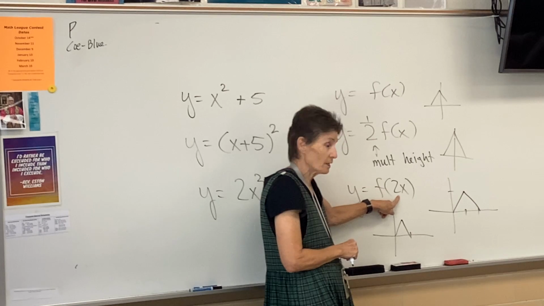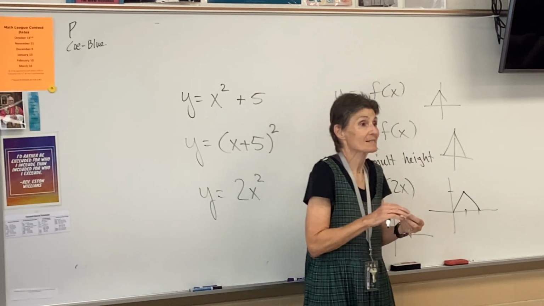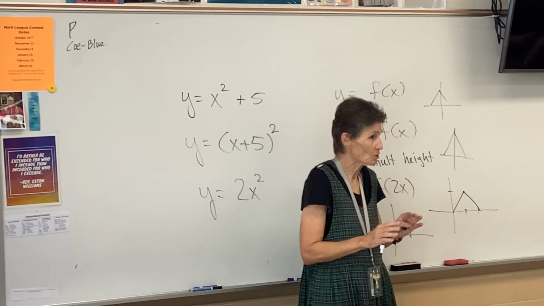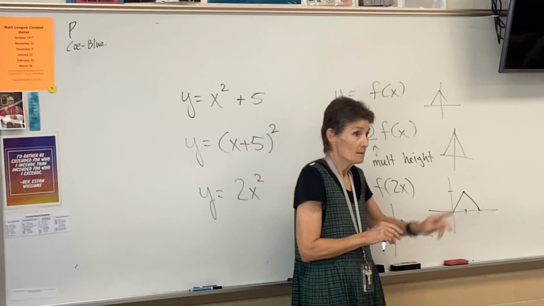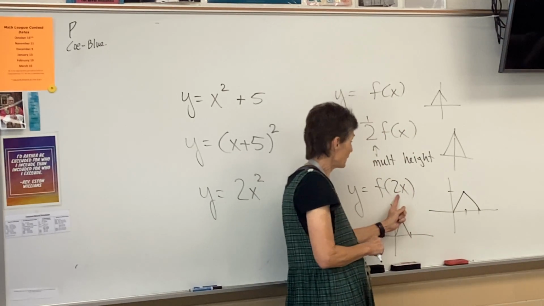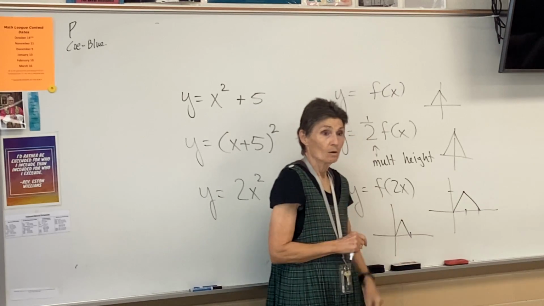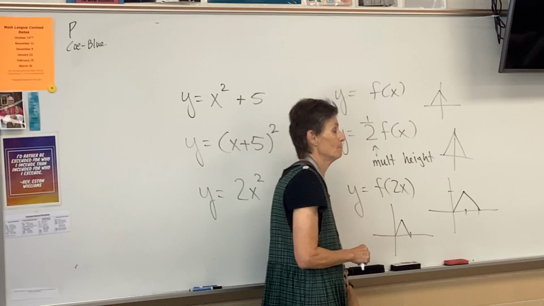Putting a coefficient somewhere in your problem affects the size, not the location, the size of the figure. Putting it out in front is vertical. Putting it on the x is horizontal. Now, one more quick comment.